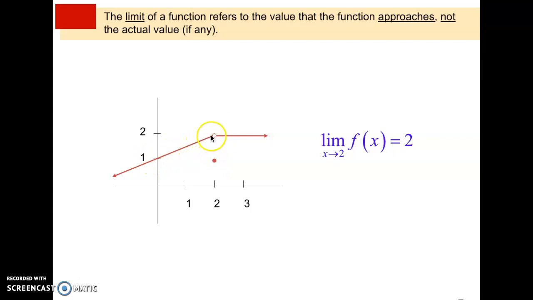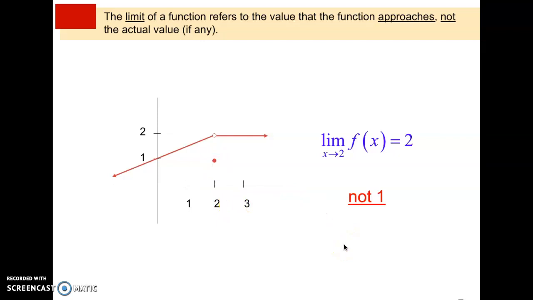As x approaches 2 from the left, I'm targeting an output value of 2. As I come in here from the right, again, my targeting value is an output of 2 as x approaches 2.